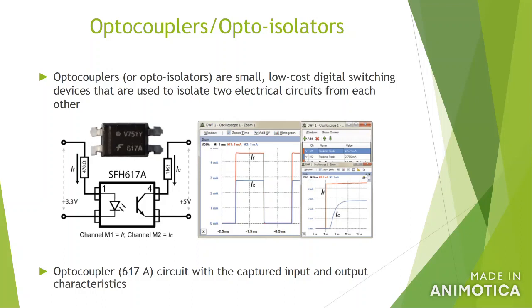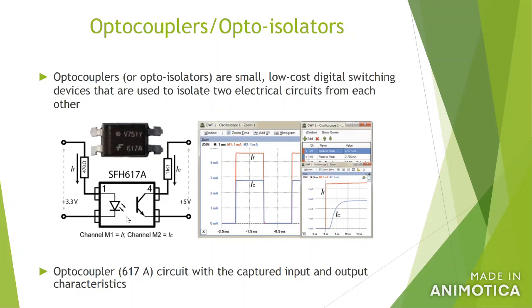So sometimes we want to separate them. We don't want to propagate the noise from one circuit to another circuit. So we want to separate the two circuits, but at the same time send a signal from one circuit to another. This kind of optocoupler is very useful.